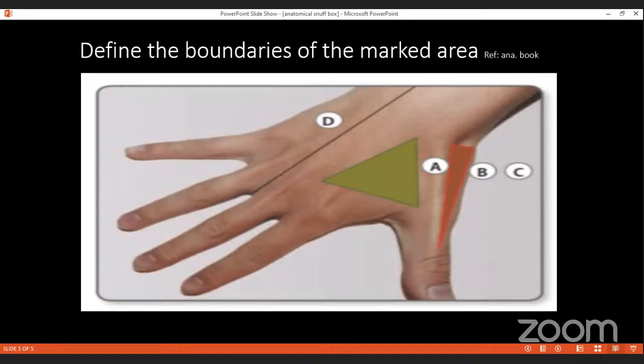Can you please describe the course of the radial nerve in the hand? Radial nerve, after it enters the hand, above the extensor retinaculum or below? How does it enter the hand? It enters below the extensor retinaculum. Okay, then what happens? It gives a deep branch and a superficial branch. You can't just say deep and superficial.